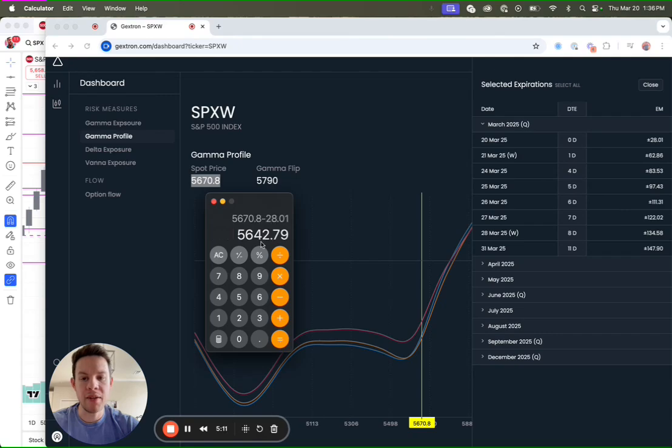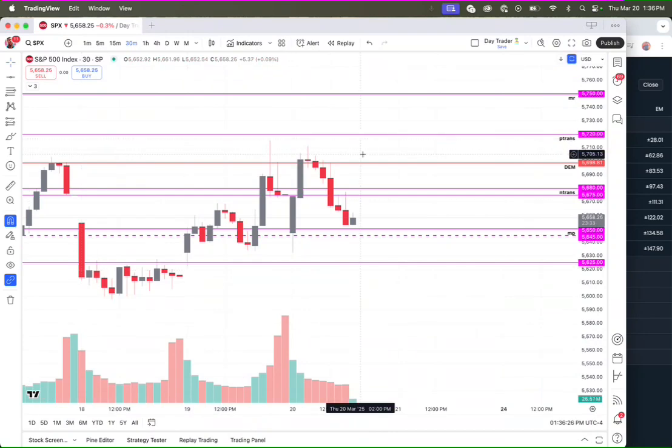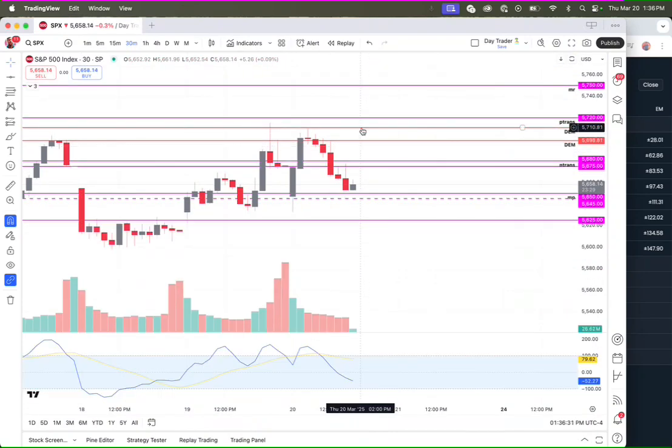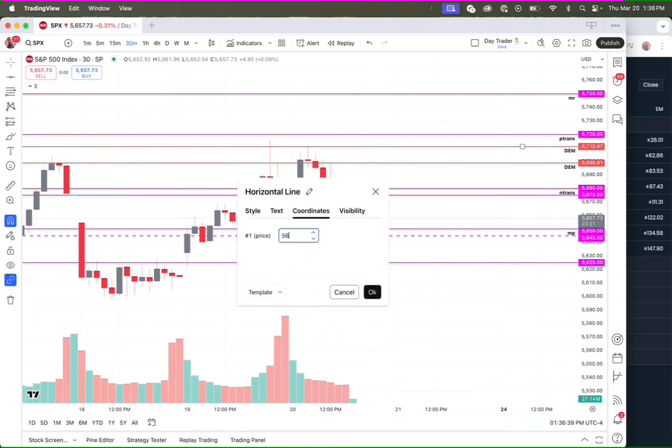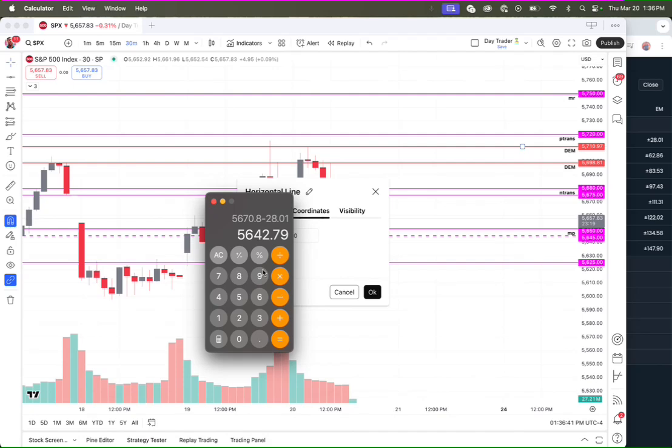Okay, we get that value. This is the value, 5642.79. So I'm going to just copy this line right here. I'm going to say 56, whoops. Let me delete that real quick. We're going to say 56, and what was the number here? 5642.79.